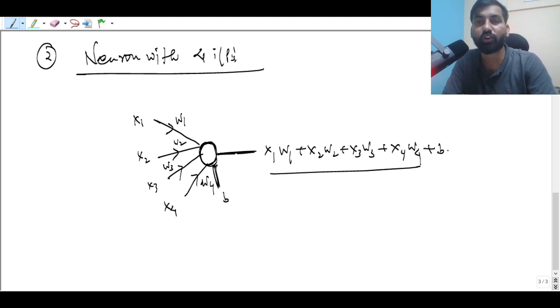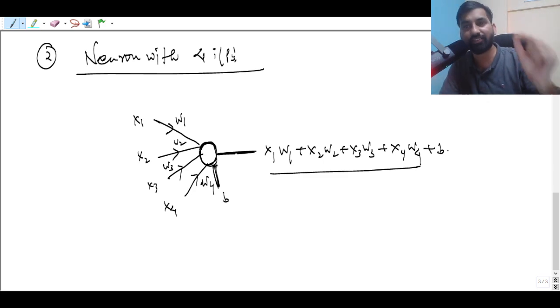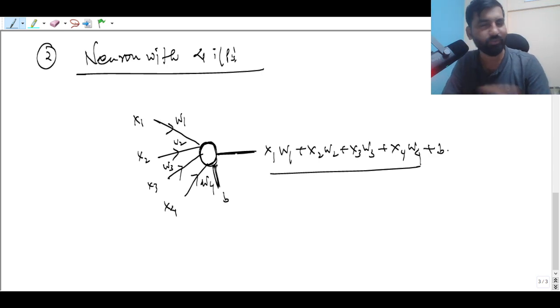So the first code that you have to write is a neuron with 3 inputs, then a neuron with 4 inputs. In the question you might have seen an activation function, everything is given, but we don't have to worry about that because this question is asked in the GATE examination. You have to get the answer simply, having some basic background. Understand?